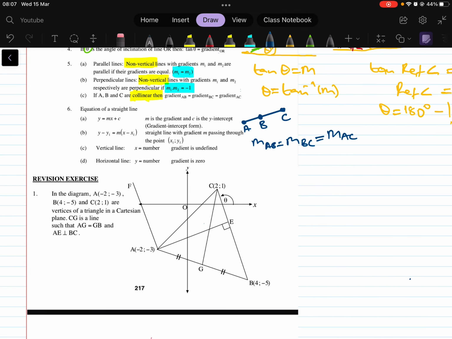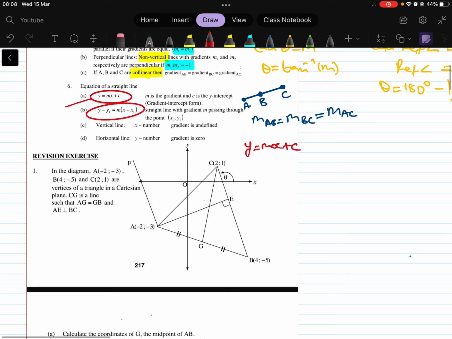Okay, and also we need to be able to derive the equation of a straight line. There are just two formats that you can use, this format and that format. The first one is the standard format of a straight line. Ultimately you are required to have your equation as y equals mx plus c in this standard format.